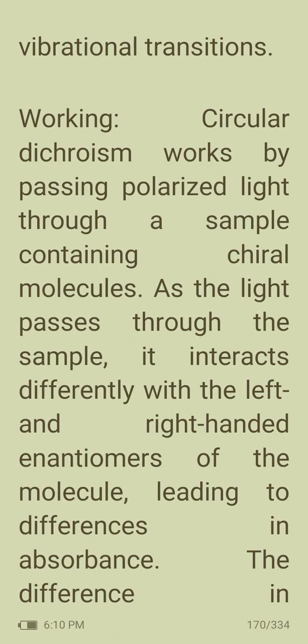So, the working of circular dichroism. Circular dichroism works by passing polarized light through a sample containing a chiral molecule. As the light passes through the sample, it interacts differentially with the left and right-handed enantiomers of the molecules, leading to differences in absorbance.